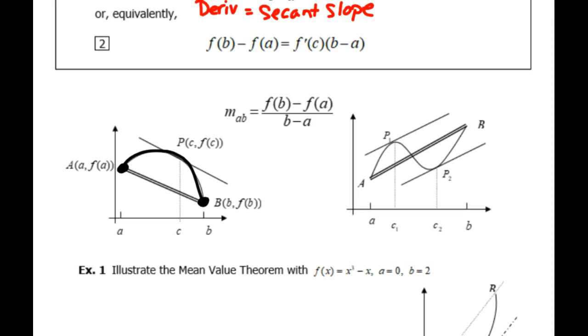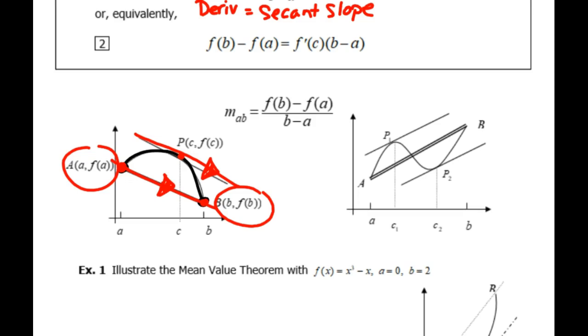What the mean value theorem says is that the secant slope right here has some place with a tangent slope that is exactly equal to that. It's saying that these two red lines are parallel to each other. We're going to find the secant slope between these two points and set it equal to the derivative.